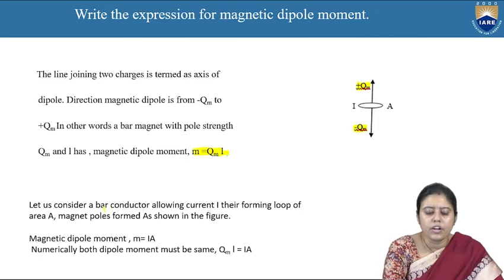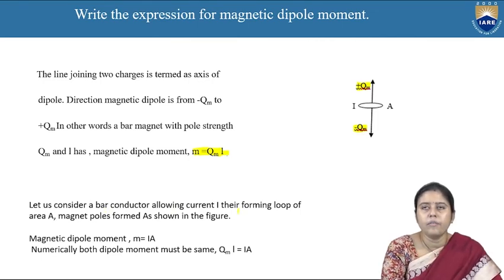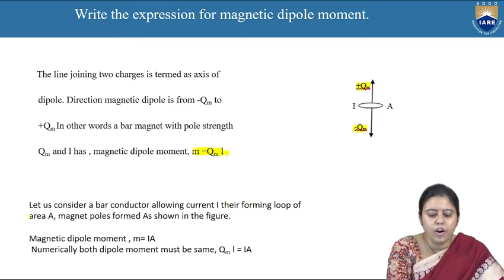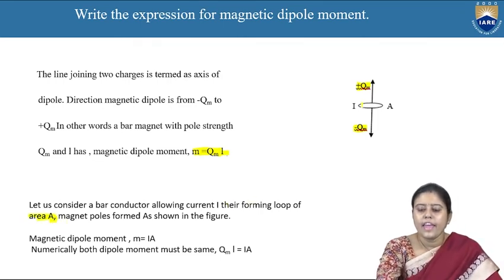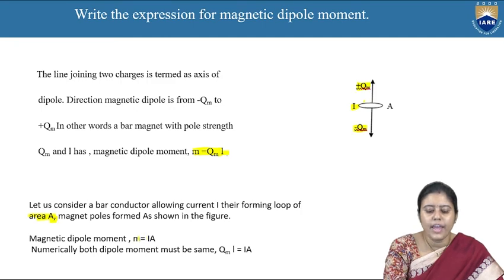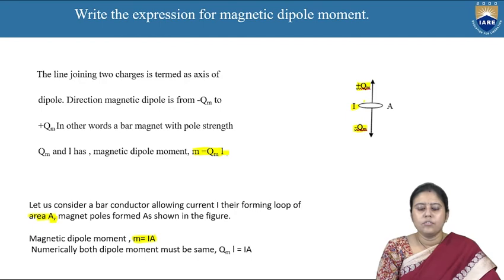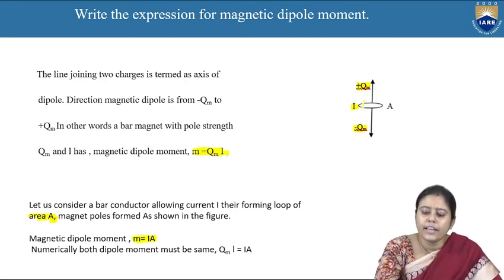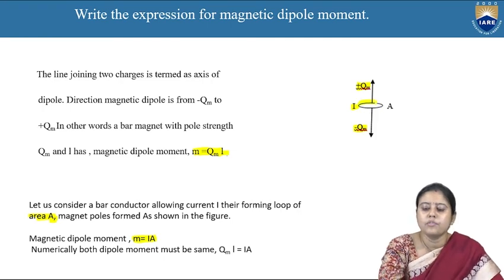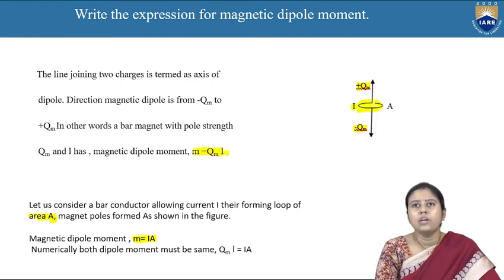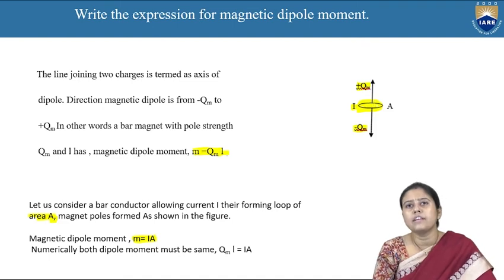Now, let us consider a conductor carrying a current I, forming a loop of cross-sectional area A. So the magnetic dipole moment M is equal to I into A ampere. If the current I is flowing in this loop, it will also create some dipole moment.